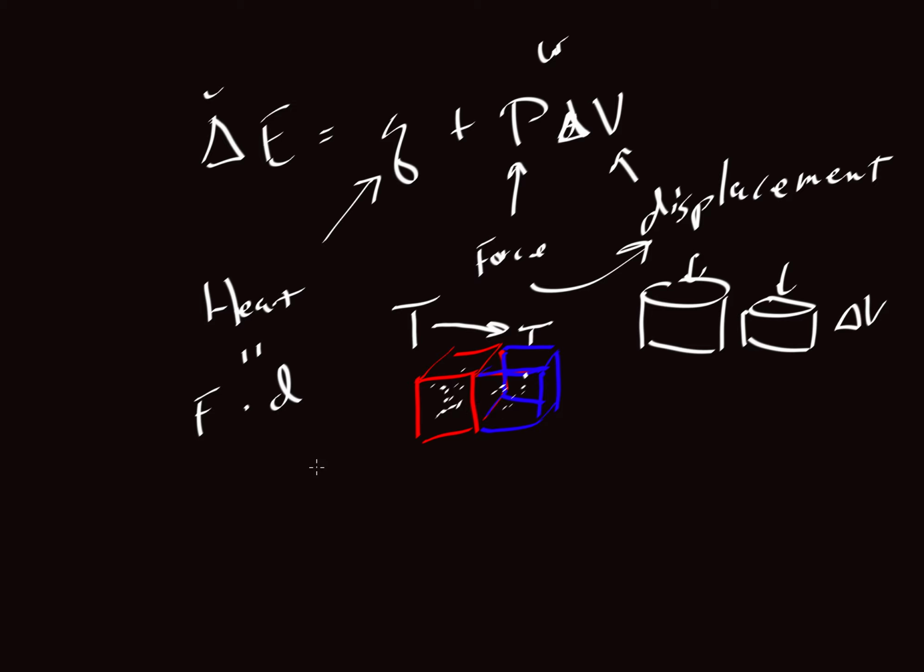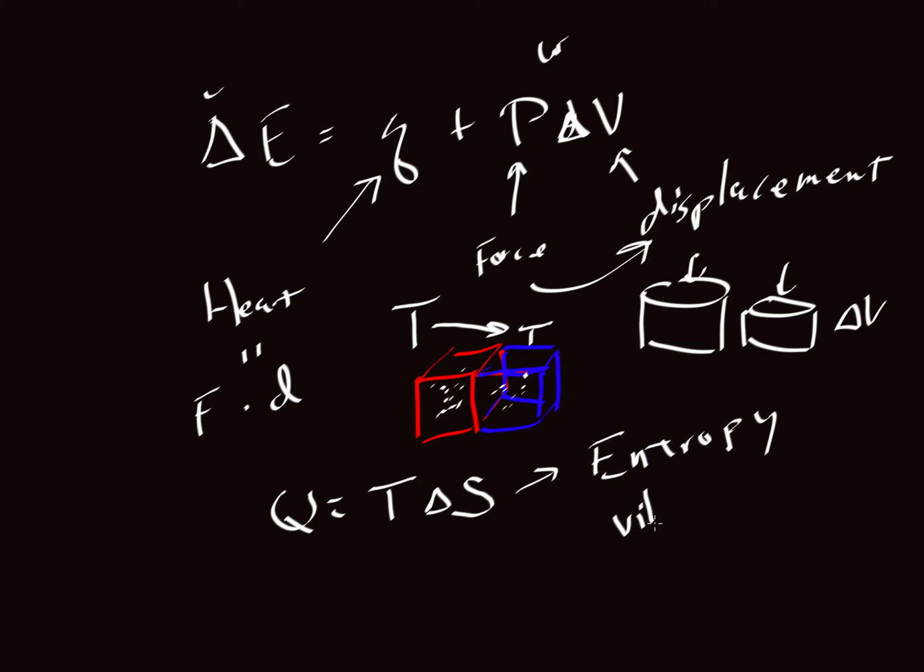And so the way we think about heat, or Q, is that it is equal to a force. In this case, that force is temperature, and the displacement in question is what we call entropy. So delta S, this is entropy. And entropy is a measure of disorder. There is entropy that is related to the vibrations of the atoms.